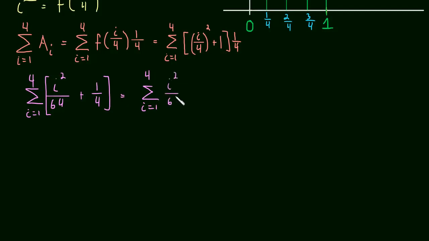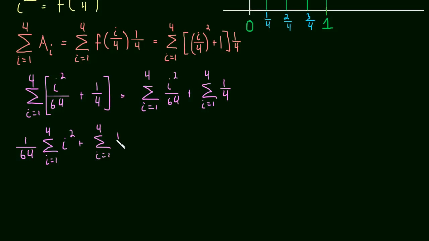The sum of i squared over 64 plus the sum as i goes from 1 to 4 of 1/4. And now we can simplify things a little bit by pulling that 1 over 64 out. So that's just pulling out a scalar multiple. So this is 1 over 64 times the sum as i goes from 1 to 4 of i squared plus the sum as i goes from 1 to 4 of just 1/4.